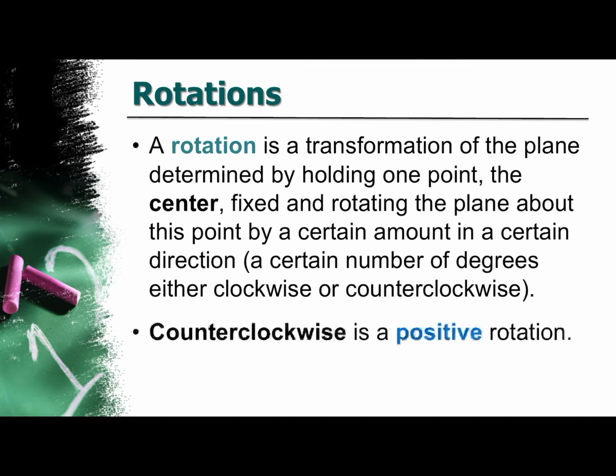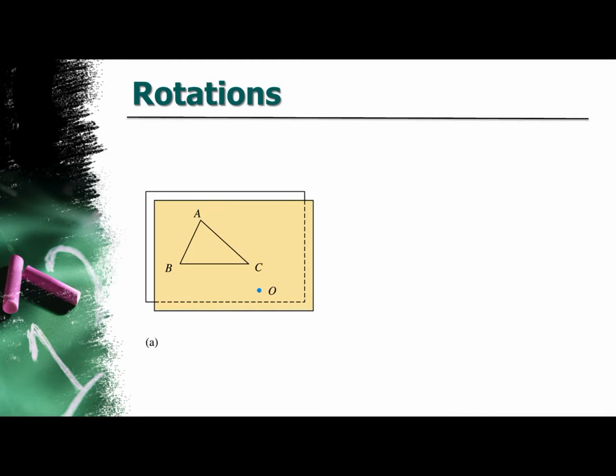If it's a positive number of degrees, positive goes counterclockwise, and a negative one would go clockwise. I know that seems maybe opposite from what you might have chosen, but there were other reasons.